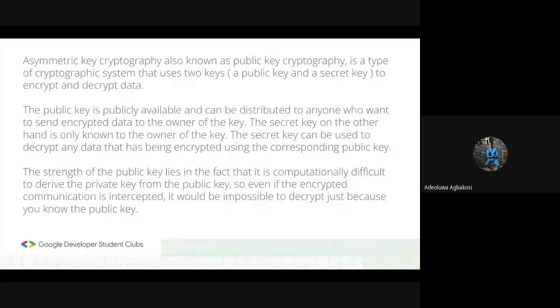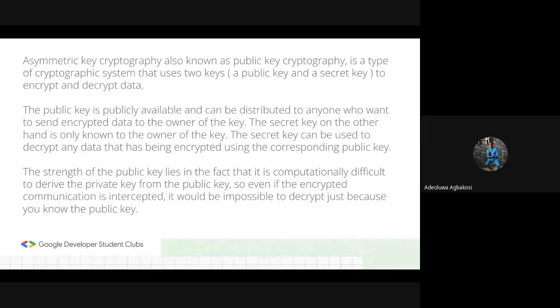Anybody is allowed to know the public key, because the moment you know the public key, that means you can send secure communication to me, and I can decrypt that secure communication using the secret key which is only known to me. I don't need to share my secret key with you. All you need to know is the public key.